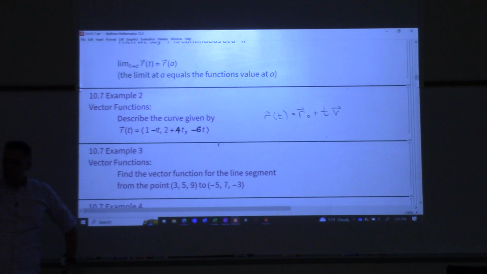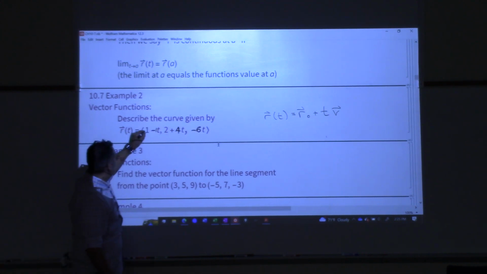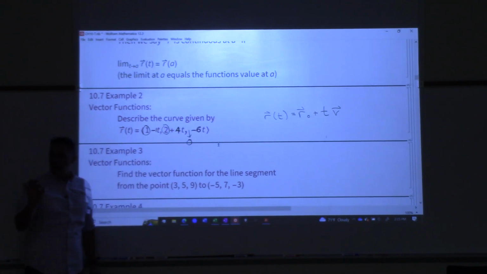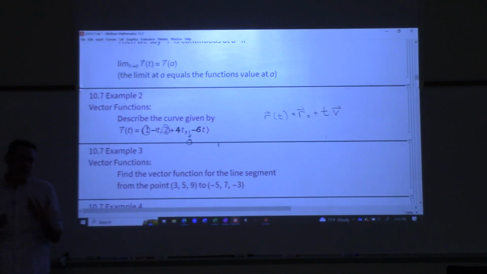That's what we call the direction numbers. Those numbers give us the direction of the line, and the other numbers, 1, 2, and 0, give one specific point on the line. So what I'm getting at is we have already looked at one type of vector function. Lines can be looked at as vector functions.